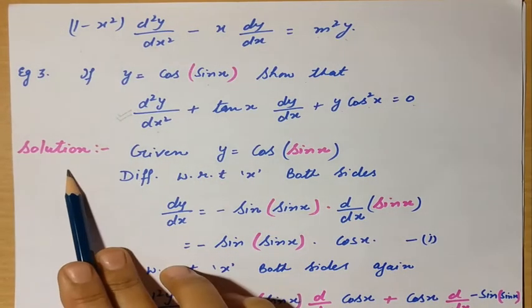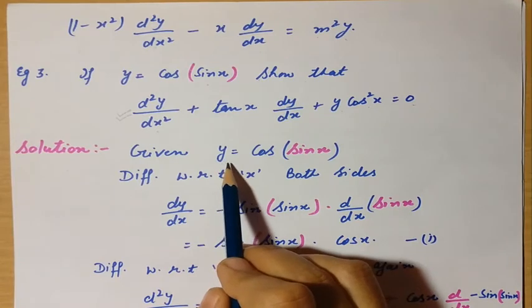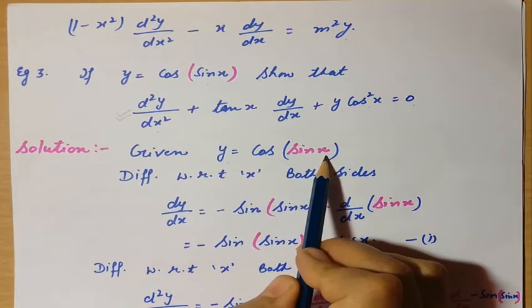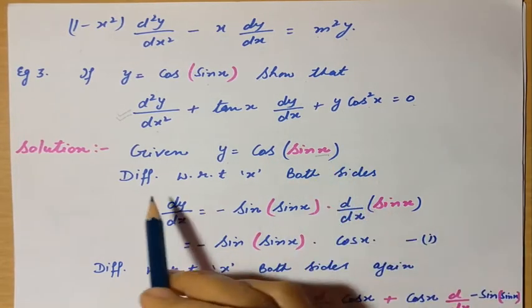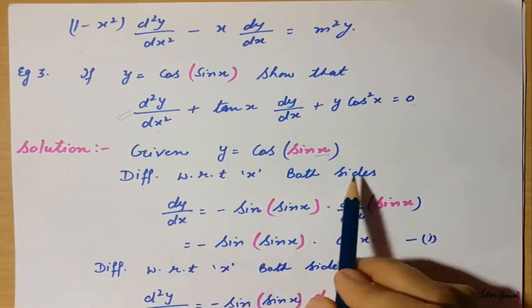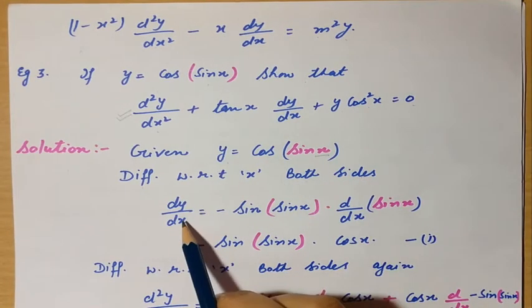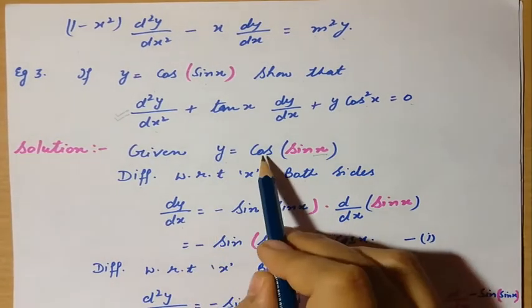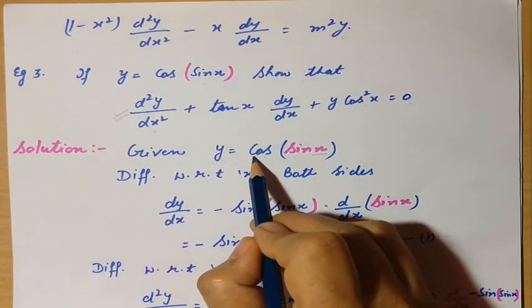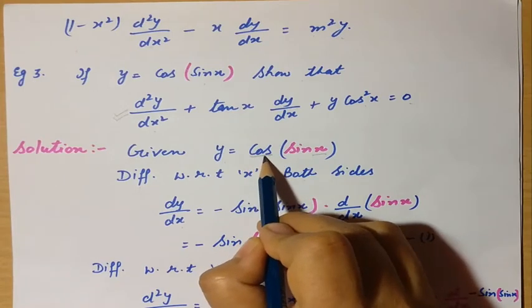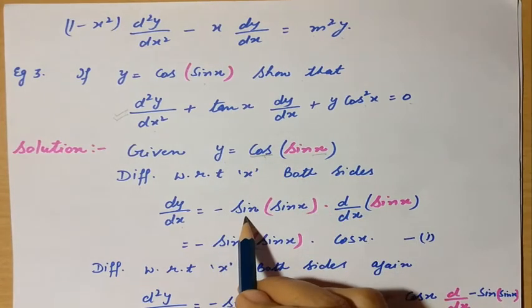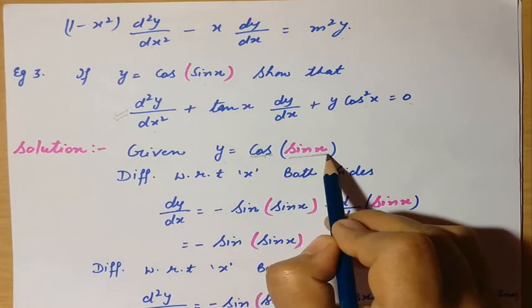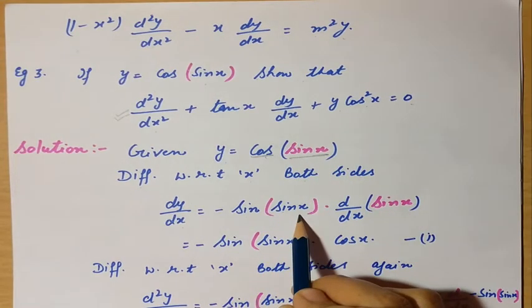According to the solution, we write the statement y is equal to cos of sin x. Because x is there, we differentiate with respect to x on both sides. Y differentiation is dy upon dx. On this side, first we differentiate the trigonometric function. Cos differentiation is minus sin, and the angle stays as it is, sin x.